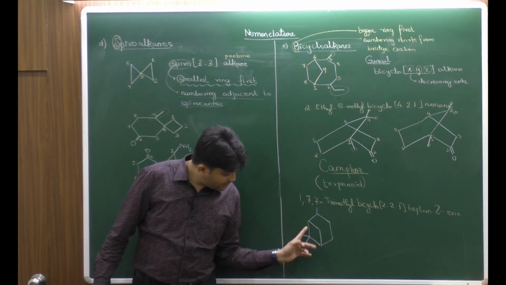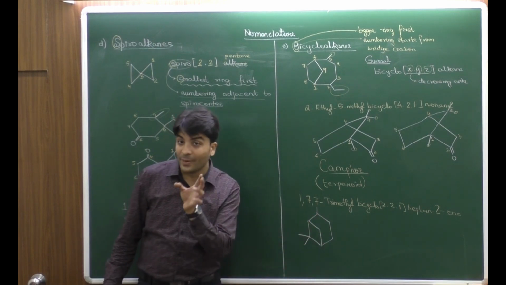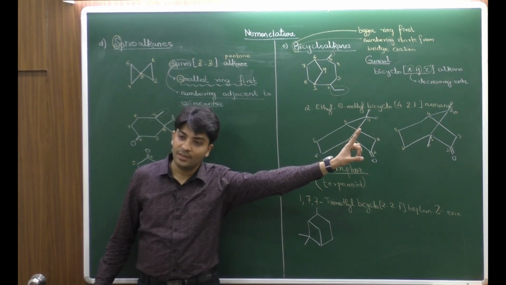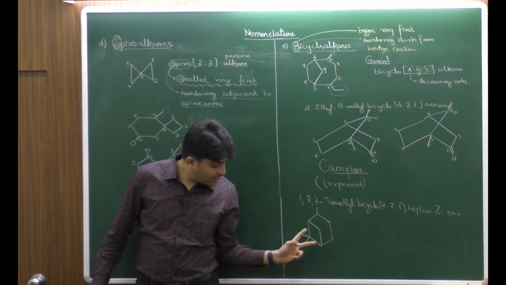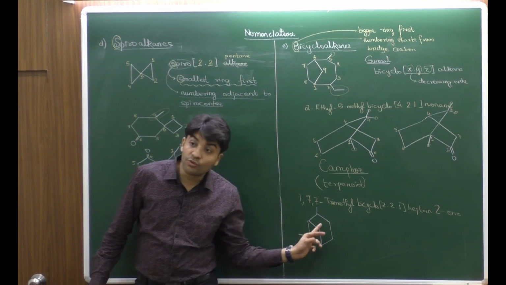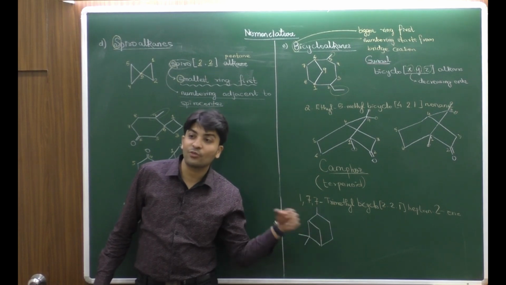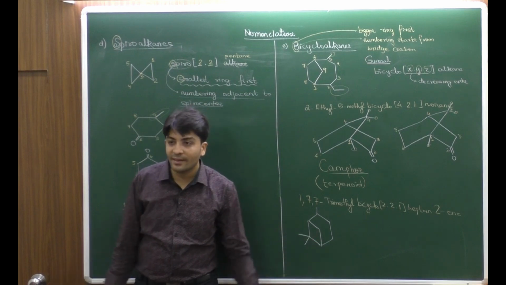So if you look at this, then when you number, you are giving the number in the order bigger ring, smaller ring and last bridge. So here there is one carbon, here there is one carbon, but now there are two substituents, no substituent. So which should be the bridge carbon? No substituent, because वो last में आ रहा है ना, तो इसका numbering पहले आना चाहिए. तो you can easily select the bridge.